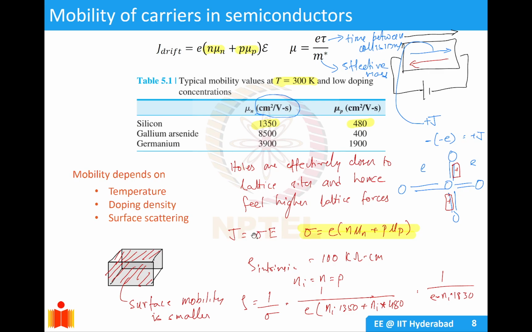So we can calculate the conductivity using this formula, J equals sigma E. So conductivity is then q n mu n plus p mu p, and for intrinsic silicon it's around 100 kilo ohm centimeters.